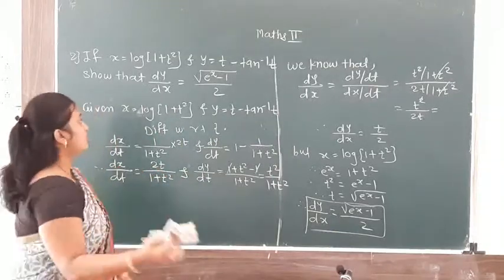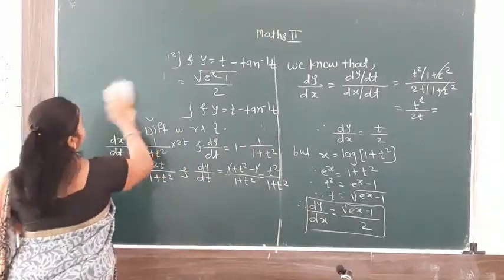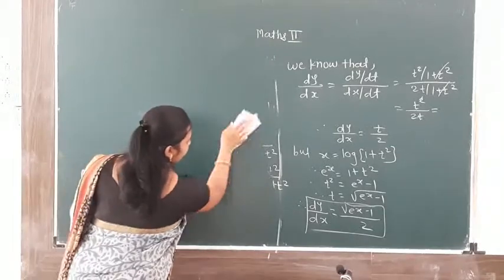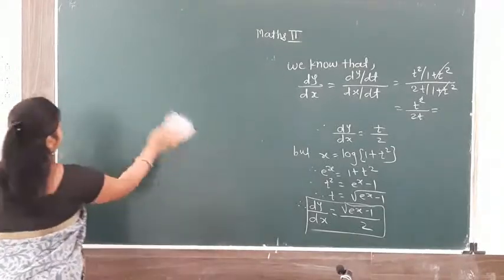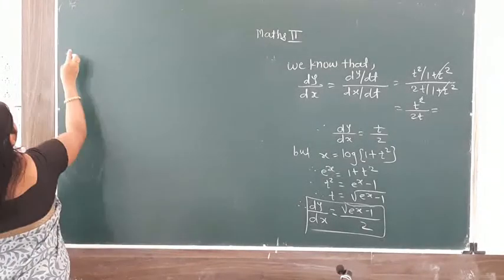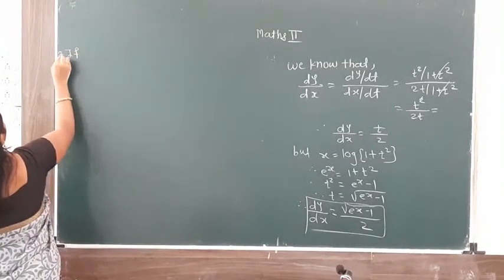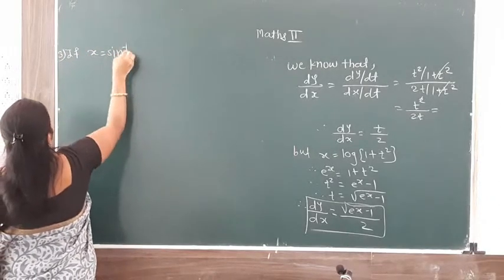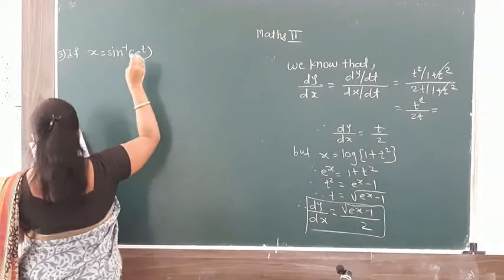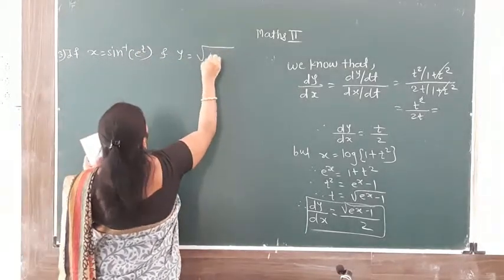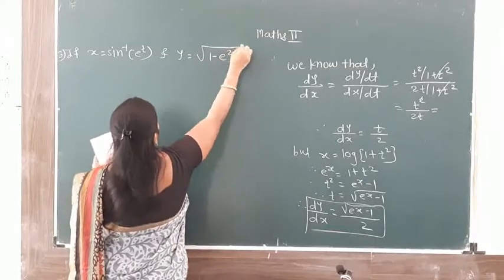Now we solve the third example. y is equal to square root of 1 minus e raised to 2t.